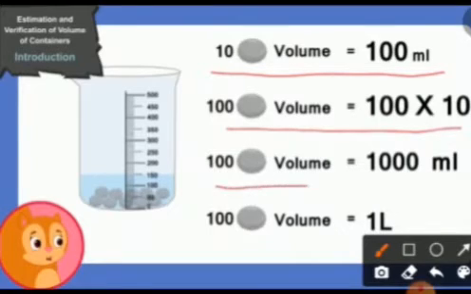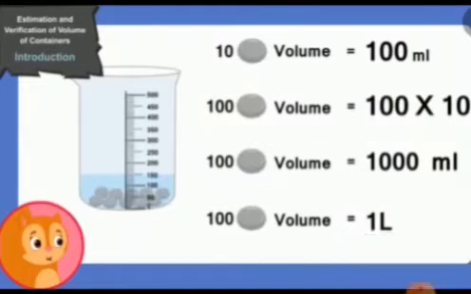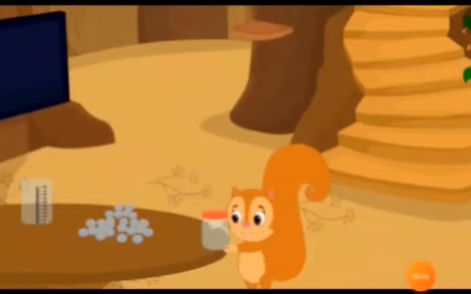So, the volume of these 100 bottle caps is equal to 1000 ml. Now, 1000 ml is equal to 1 liter. So, the volume of 100 bottle caps is equal to 1 liter. Means she will need a 1 liter capacity jar to collect 100 bottle caps.